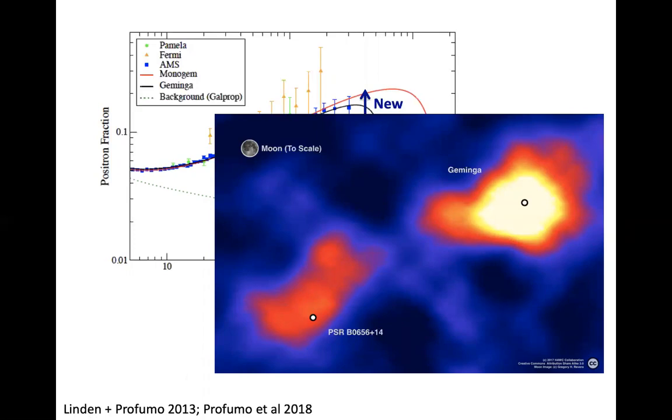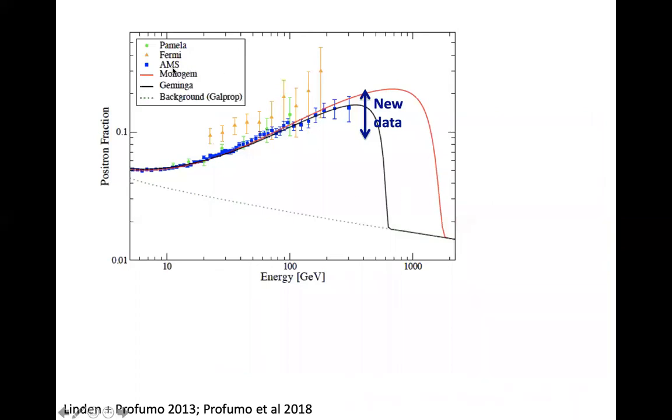Now, why are pulsars interesting? Well, they are interesting because, as shown here, precisely those two pulsars give a beautiful fit to the positron axis on top of the background. And this was pointed out by myself and others many, many years ago.